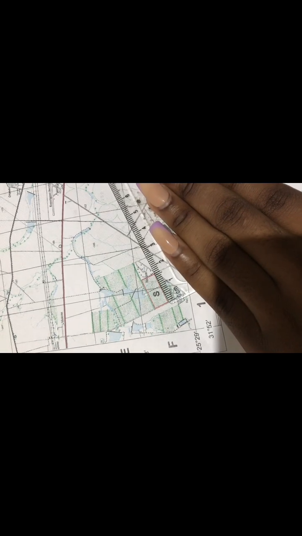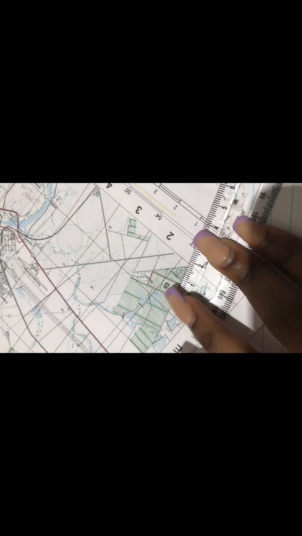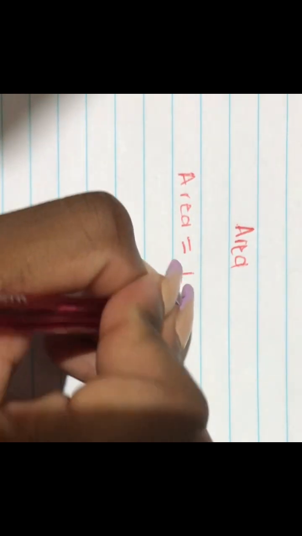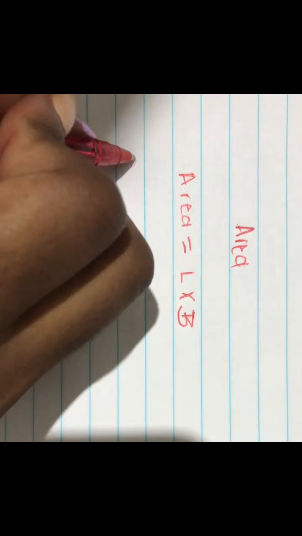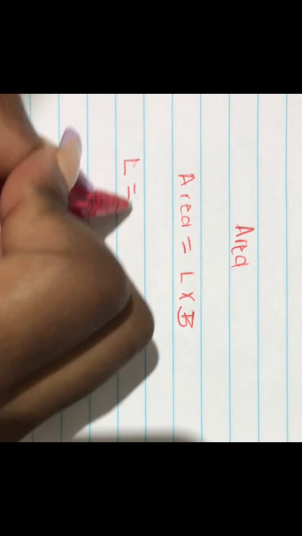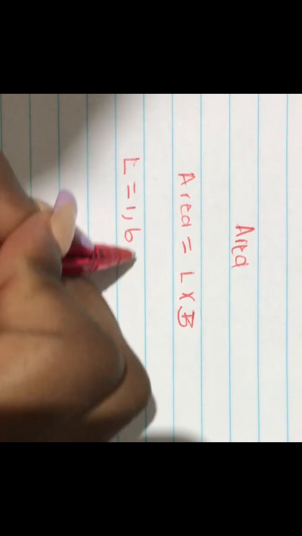Now we are going to calculate the area of the demarcated area on our topographical map. We start by measuring our length and then we measure our width or breadth. Since we know that our formula for area is length times breadth or length times width, the first thing we do is find our length. We measured on our topographic map and found our length is 1.6 centimeters.